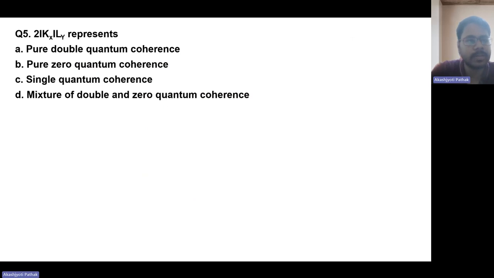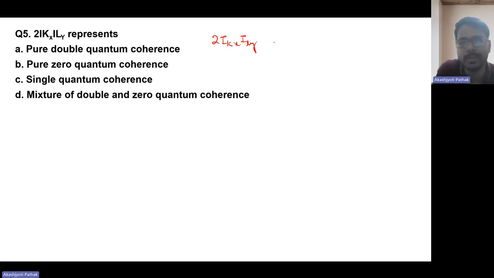I will move to the next part. This is another question. I will correct this. It is actually this form: 2I_Kx I_Ly. So what does this represent? Just as we were discussing, it represents a mixture of double and zero quantum coherences.